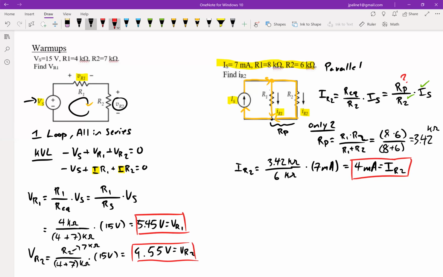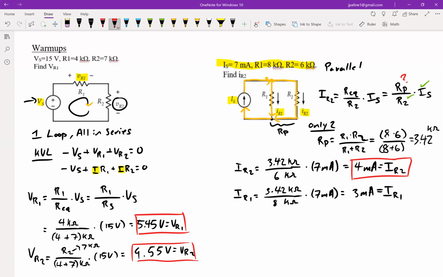If we look at IR1 just as a check, we can say 3.42 kilo ohms over 8 kilo ohms times 7 milliamps. This will give us 3 milliamps for IR1.